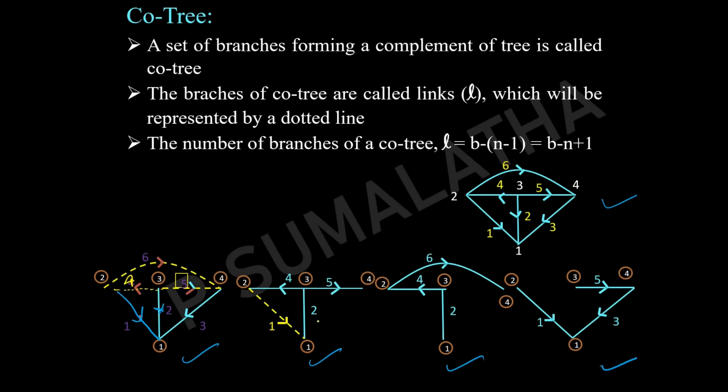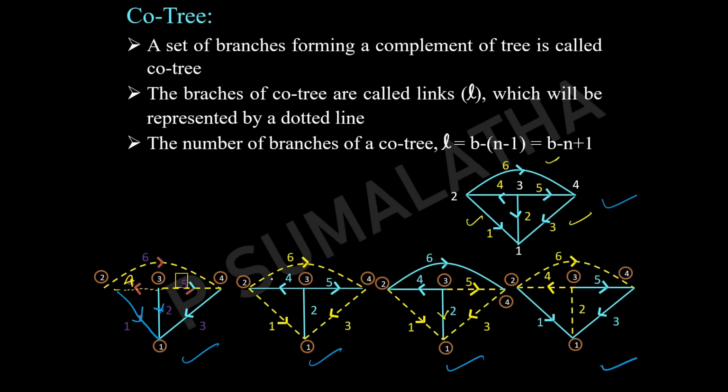Coming to the second tree, except 2, 4, 5, the remaining transmission lines are 1, 3 and 6. Similarly, if you consider the tree branches as 2, 4, 6, the cotree will be 1, 3 and 5. Similarly, if I consider my tree branches as 1, 3, 5, my cotree branches will be 2, 4 and 6.